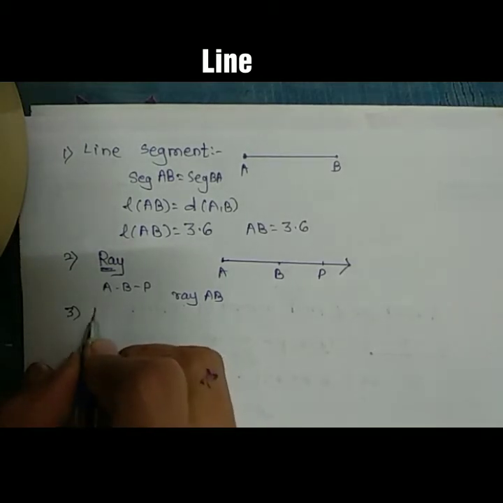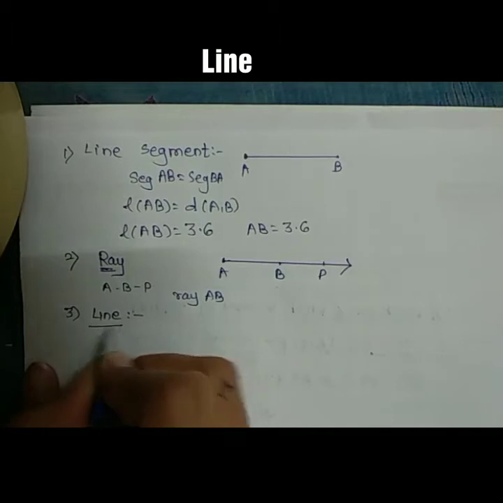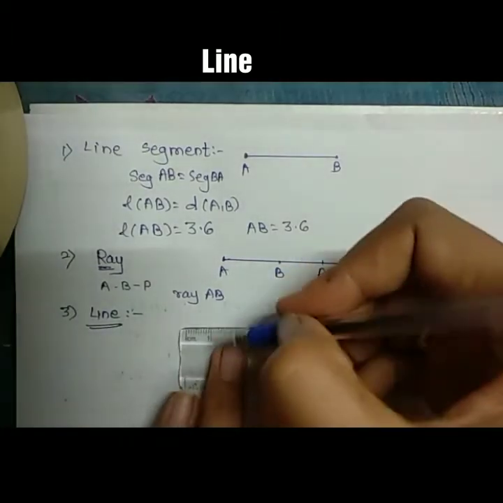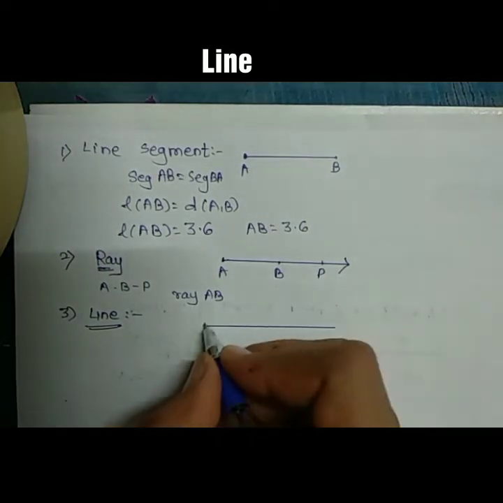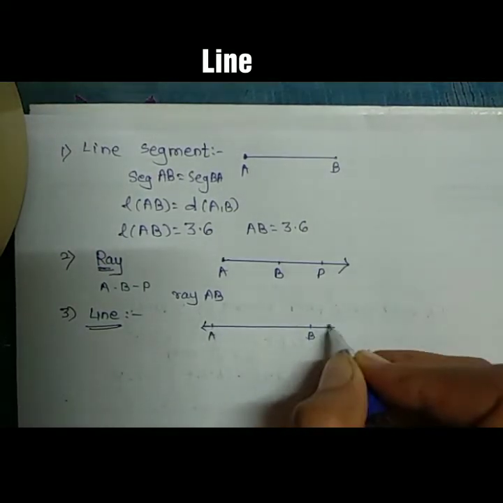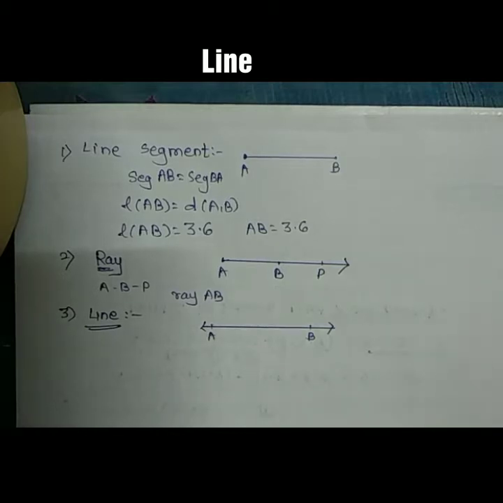Next, line. The union set of points on ray AB and the opposite ray of ray AB is called line AB.